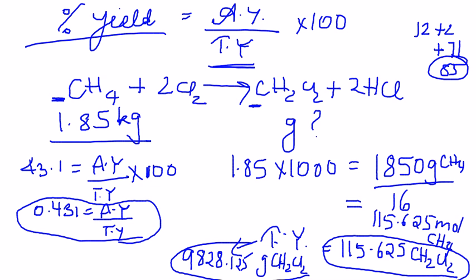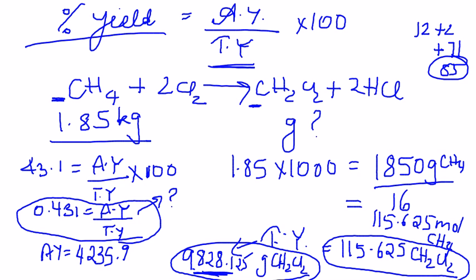Please realize this is the theoretical yield, and our aim is to determine the actual yield. So now we are going to plug this newly found number into my equation to get the final answer for actual yield. So I'm going to multiply this number by 0.431, and that's going to give you the actual yield, which comes out to be 4235.9.